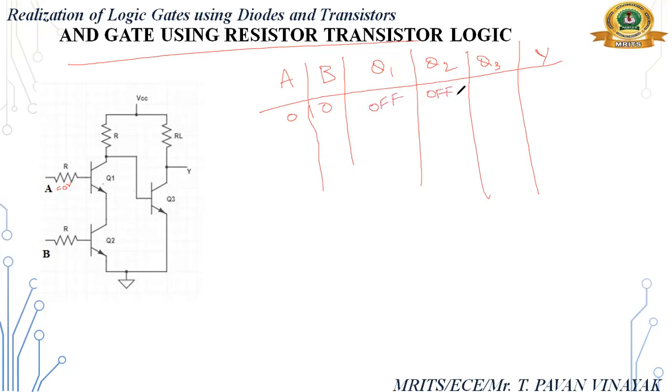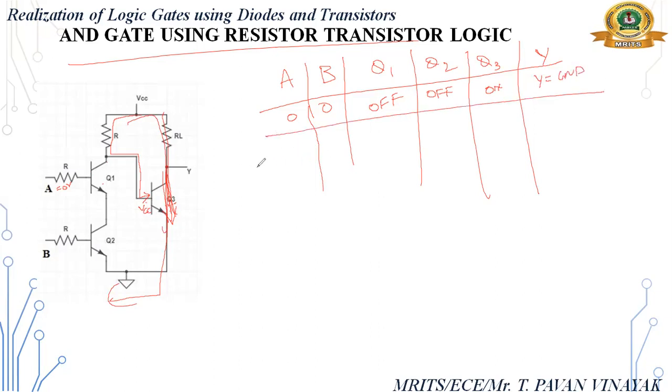So whenever Q1, Q2 are off, VCC goes to here, right? So Q3 will be on. Whenever Q3 is on, it is short circuited. VCC goes to ground. So output is equal to ground, right?